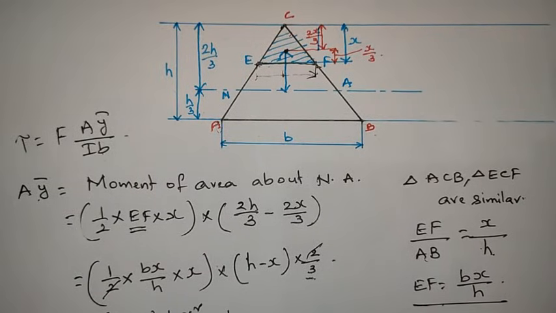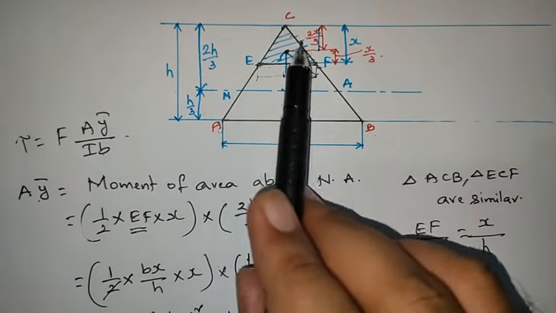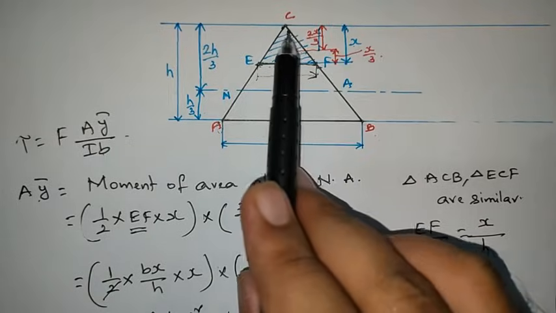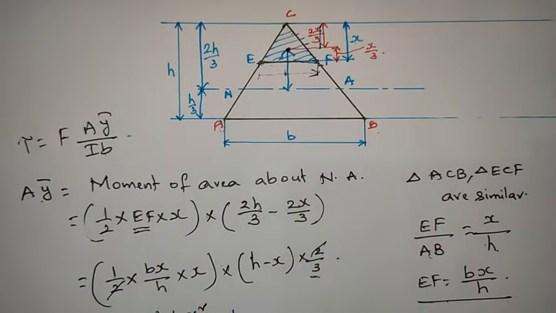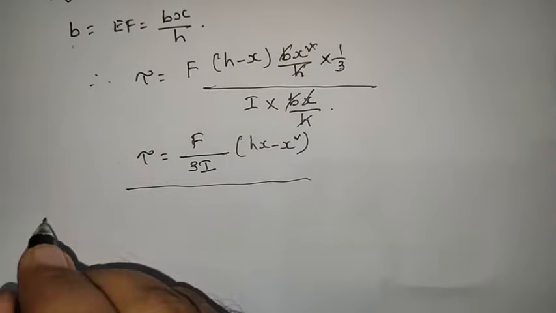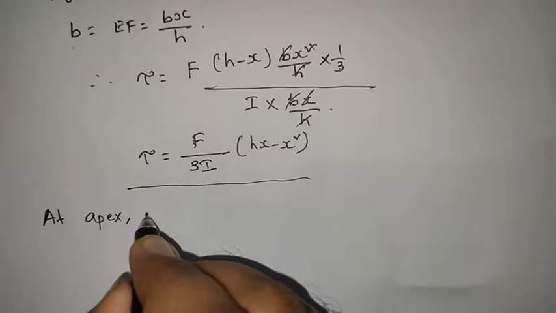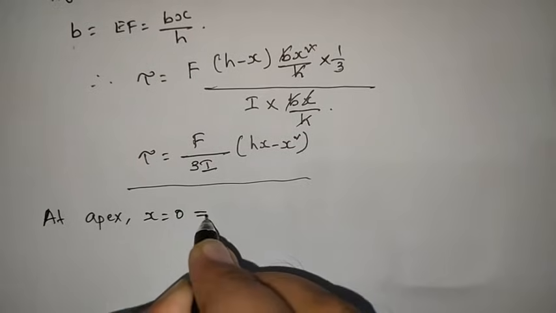Or what about this x value? EF అనేది C దగ్గర ఉంటే x ఏమవుతుంది? 0 అవుతుంది. Okay, so at apex x is equal to 0.